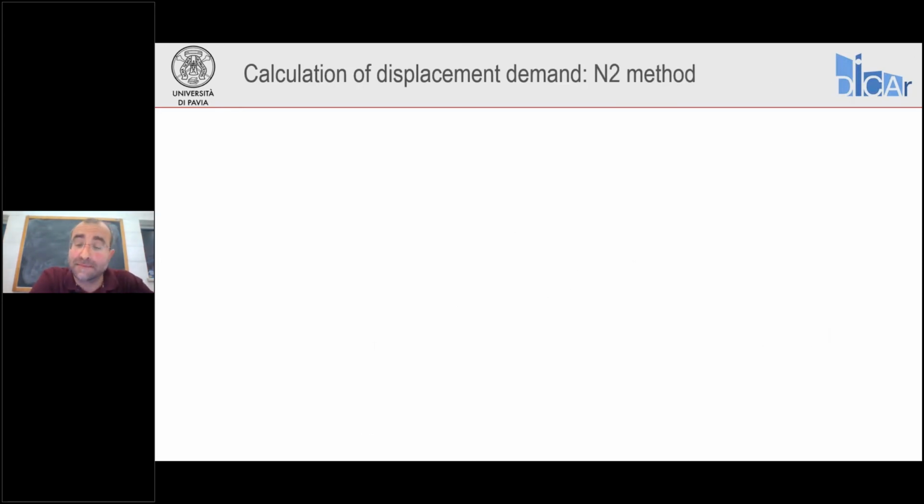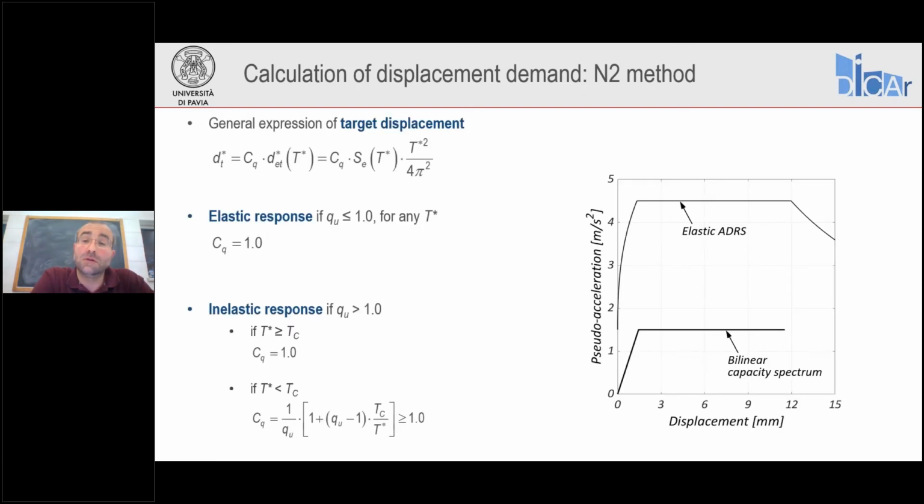So how do we apply this N2 method, and what do we find from these checks against the results from the nonlinear time history analysis? Well, first of all, these are the expressions that we need to use for the N2 method.